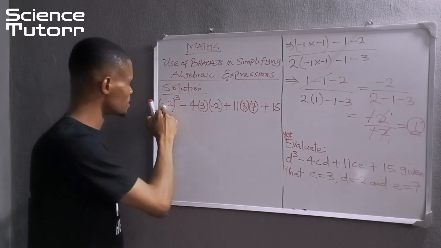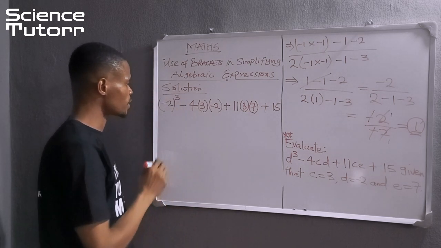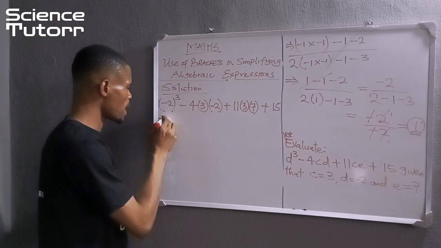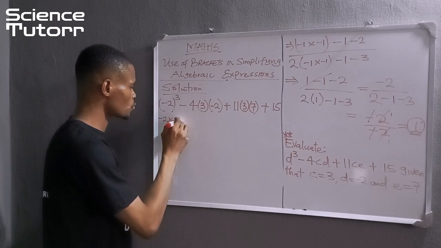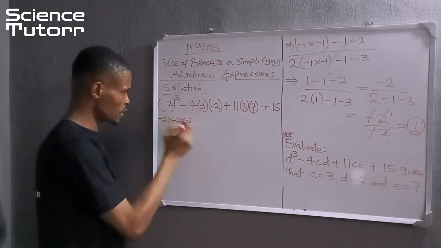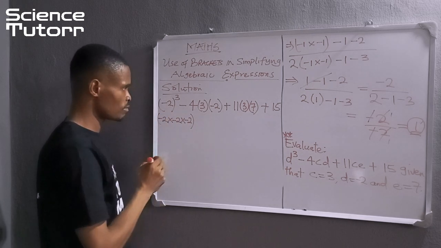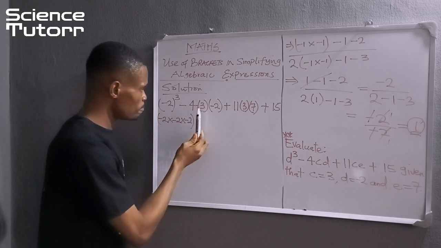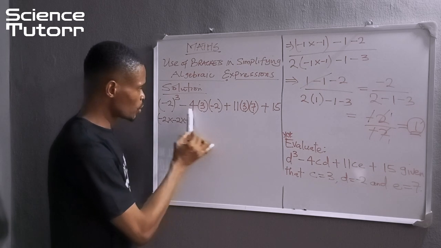Now, this raised to power 3 simply means minus 2 times minus 2 times minus 2. For the next term, this will be taken together.